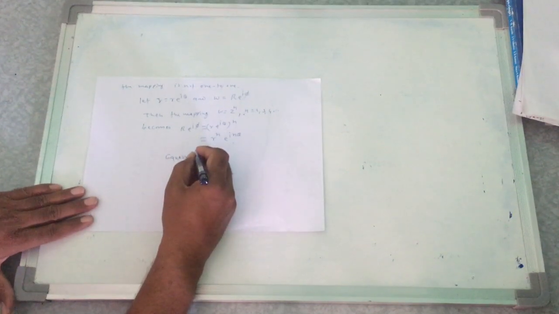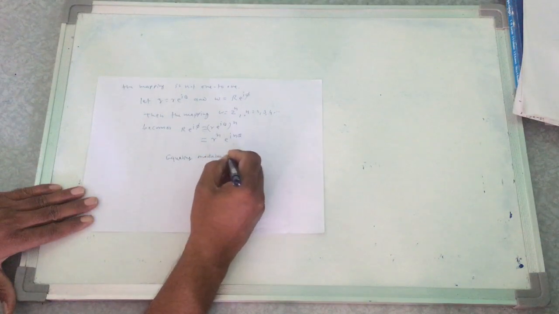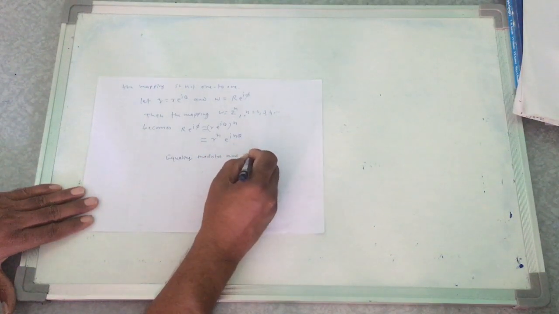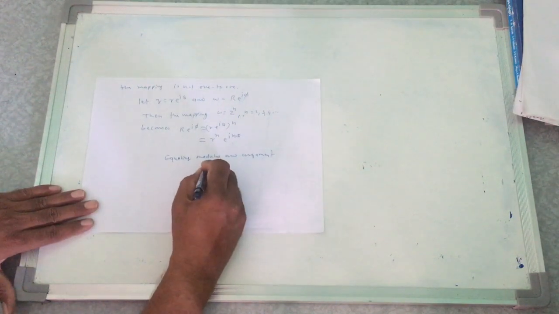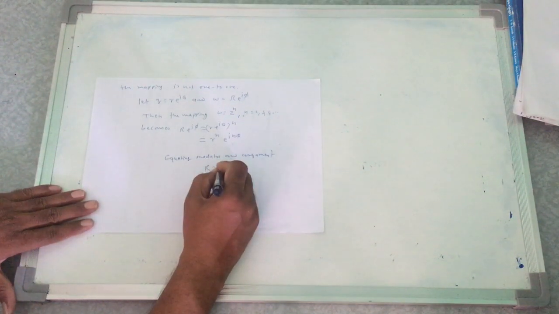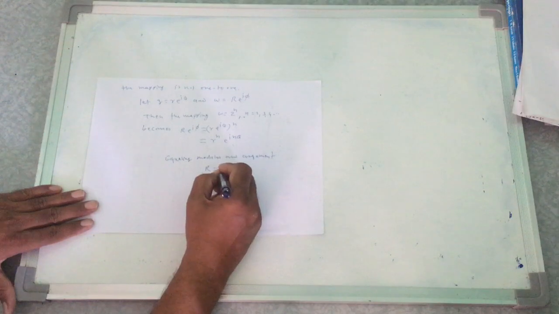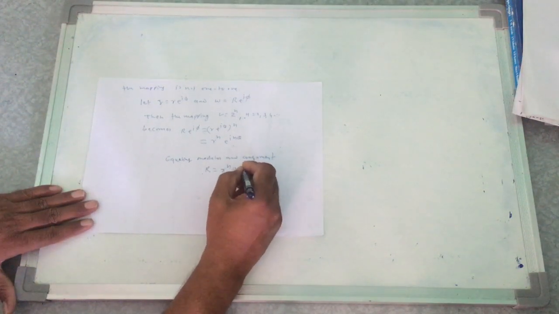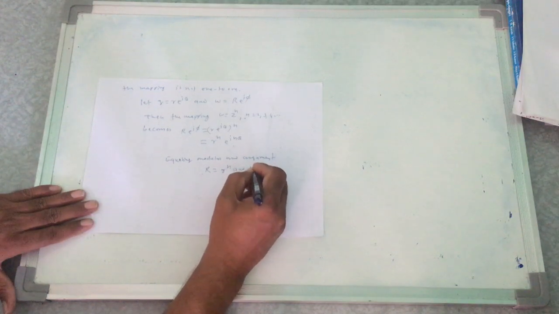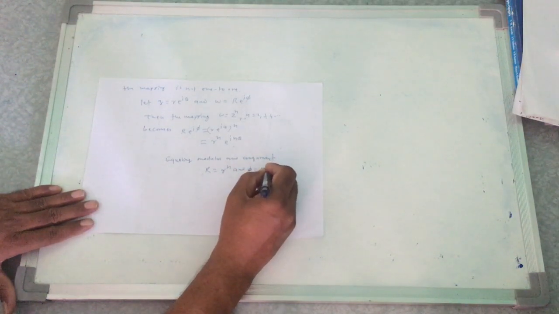So equating modulus and argument, R is equal to small r to the power n and phi is equal to n theta.